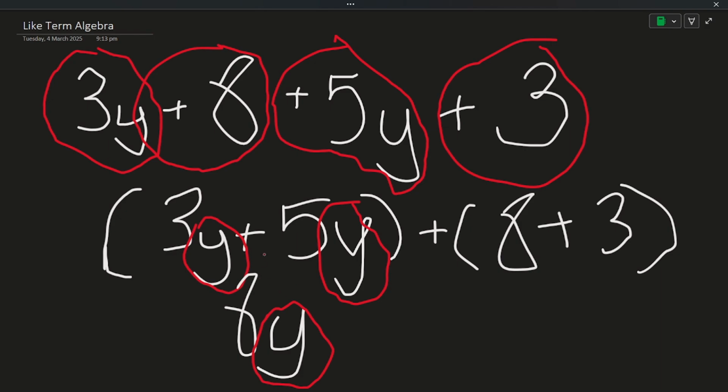The only thing that really changes in this is the numbers, not the y, not any other variable. The variables do not change in this. And then you add a plus onto here. 8 plus 3 is 11. Sorry for my horrible writing again.